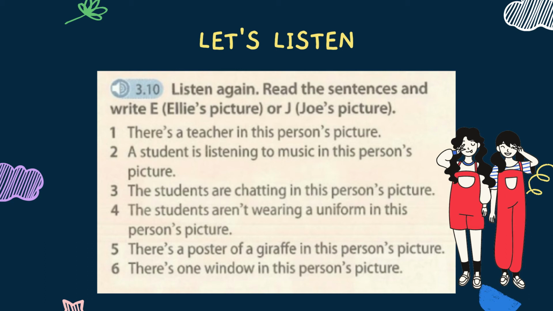Interesting. The students in my picture are chatting. Are the students in your picture wearing a school uniform? Yes, they are. The students in my picture aren't wearing a uniform. OK. Is there a whiteboard in your picture? Yes, there is. I can't see a whiteboard in my picture. OK, so what can you see on the wall?